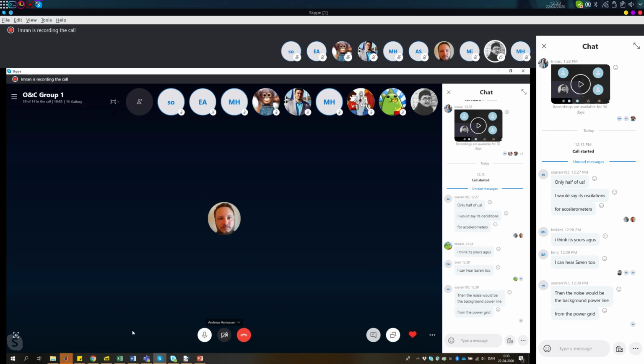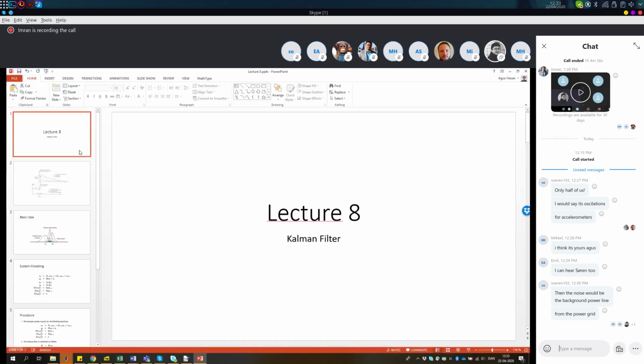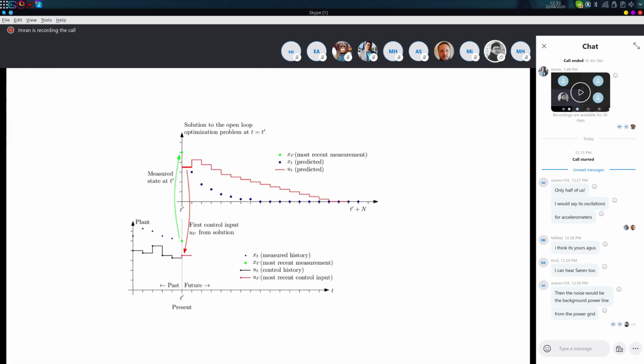This is only an introduction to Kalman filter. Last week we learned about the open loop optimization problem, which is one-step MPC. This is called open loop because we didn't feed back the calculation of U into the system.